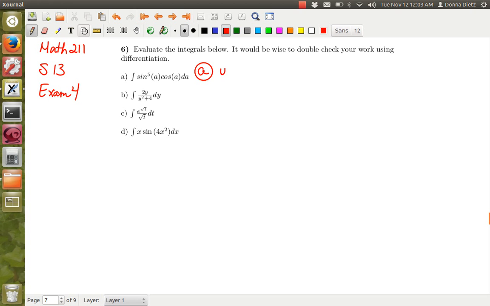All right, let's try u is equal to sine of a. Derivative of sine is cosine. Okay, and we've got plenty of pieces to put everything back together. U to the 5th du becomes 1/6 u to the 6th plus c.